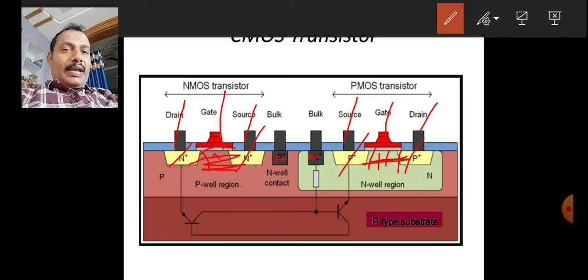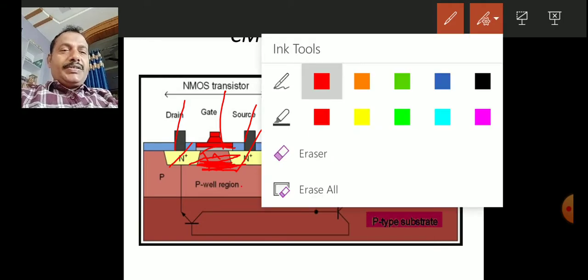Now whenever the channel is formed, after applying the required voltages, the majority charge carriers, that is electrons, are developed in this region and start flowing in the n channel. And in the p-type, holes are formed and they start conducting between source and drain. So this is a CMOS transistor. Just a brief introduction to this.